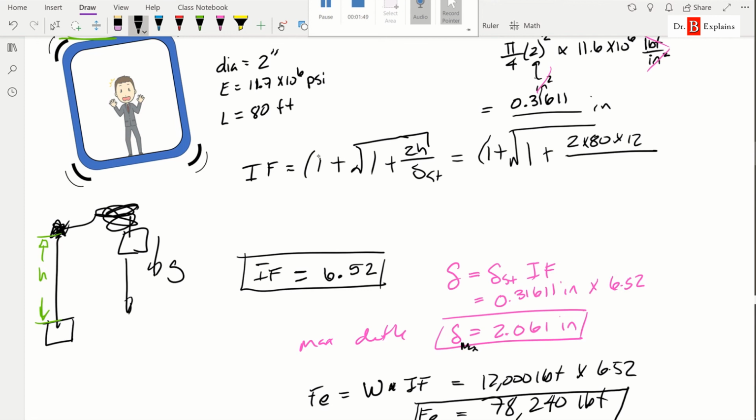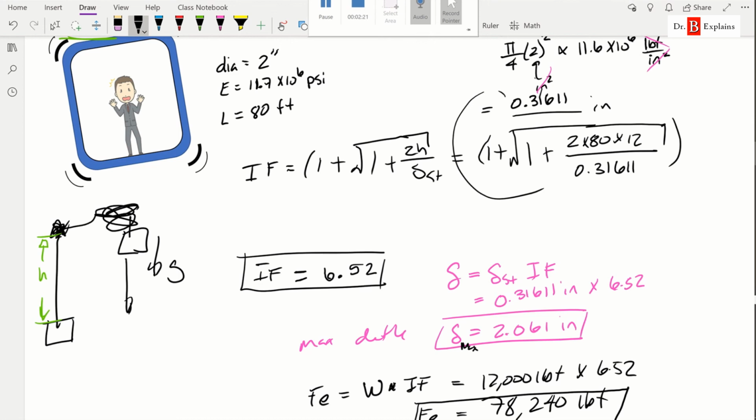That way I can take the static deflection, which is already in inches, 0.31611, and stick it in here. So if we type this on the calculator, we have 1 plus square root of 1 plus 2 times 80 times 12 divided by 0.31611.